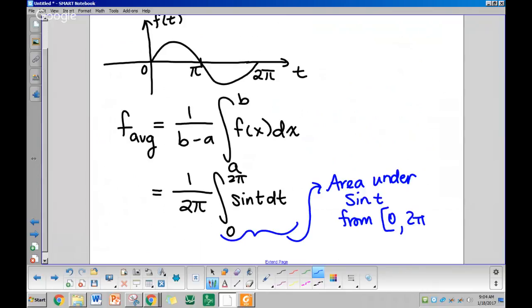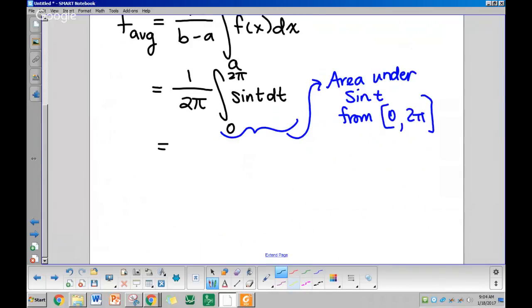But what do we know about that? What kind of area is this? Positive. What kind of area is this? Negative, and they're the same. So they cancel each other out. So this turns out to be 1 over 2 pi times 0, which is 0. So we know that the average value of the function is 0. Make sense?